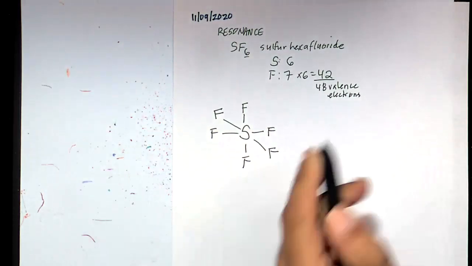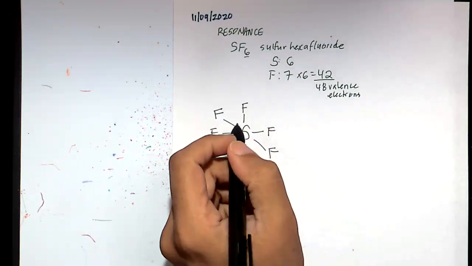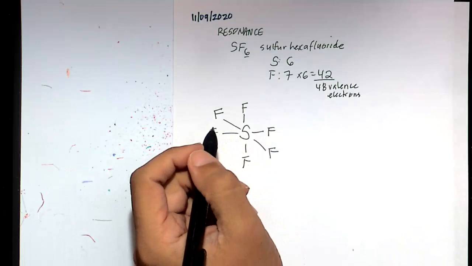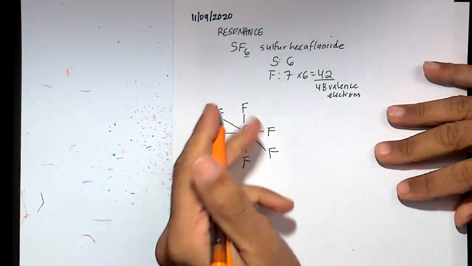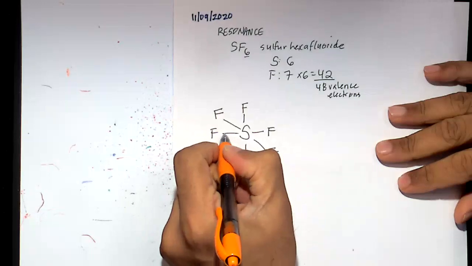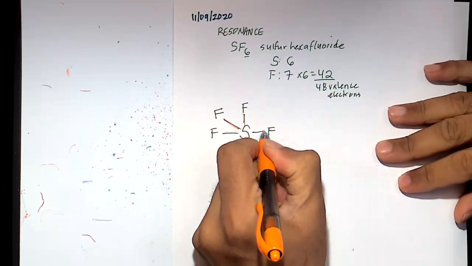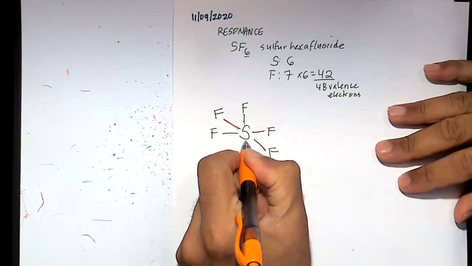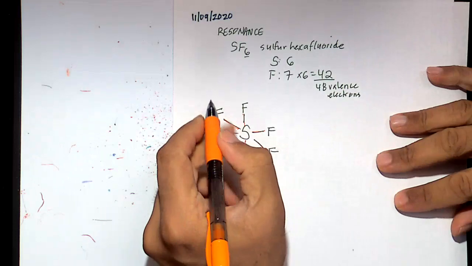We need to get 48 valence electrons. I want you to count with me, as we're going to do until the last day of class. Ready? 1, 2, 3, 4, 5, 6, 7, 8, 9, 10, 11, 12. We need to get 48.